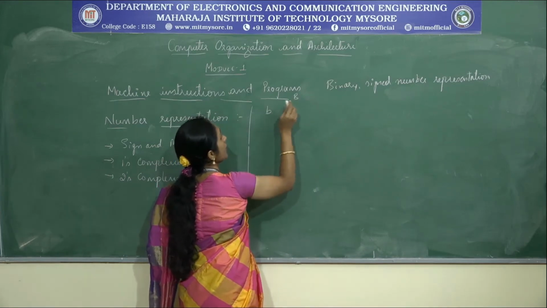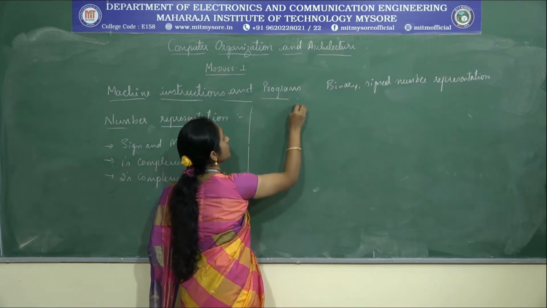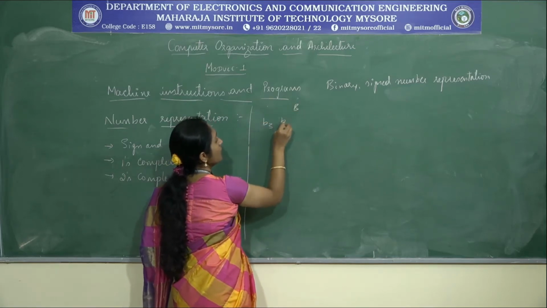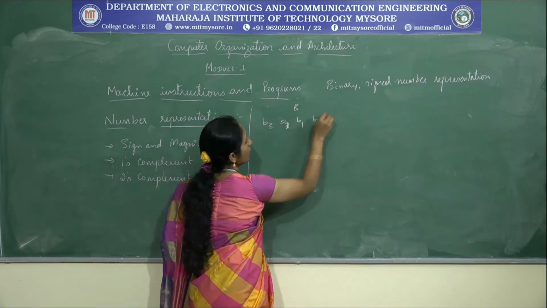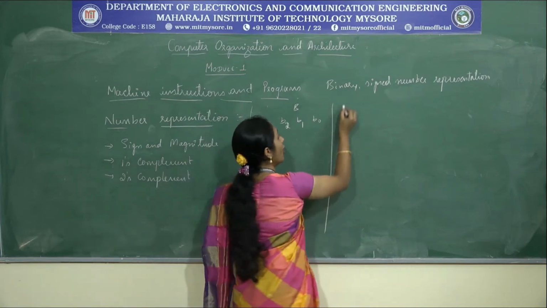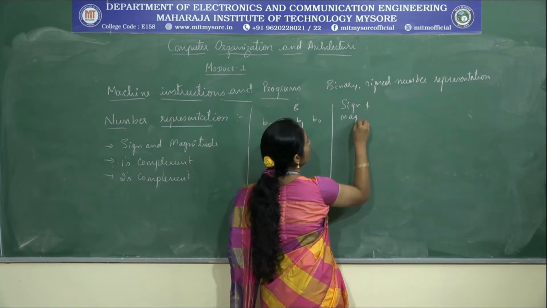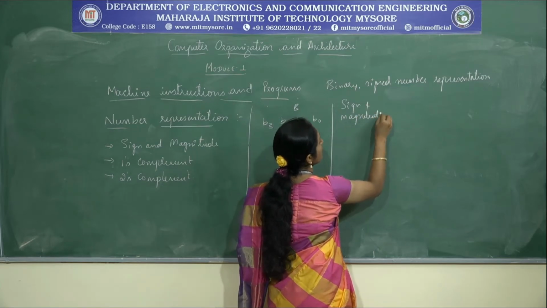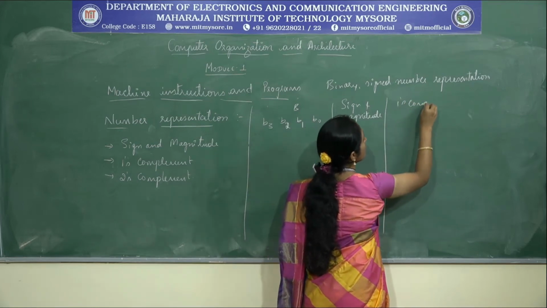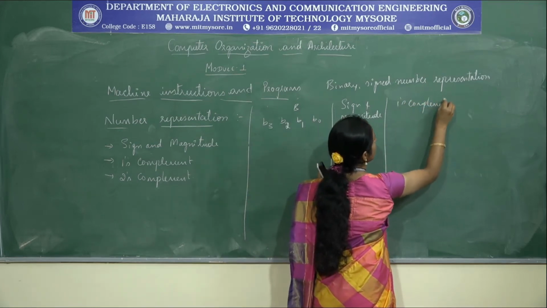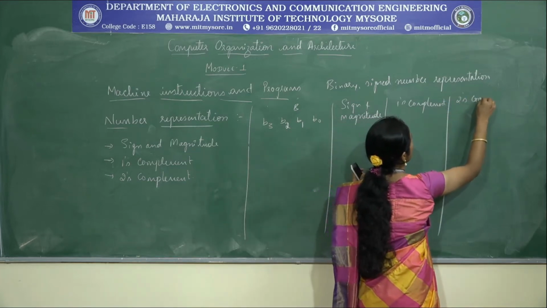Let us represent the first column as B, so the bits are B3, B2, B1, B0. And let us consider all three systems. The first system is sign and magnitude. The second system is ones complement. And the last system is twos complement.